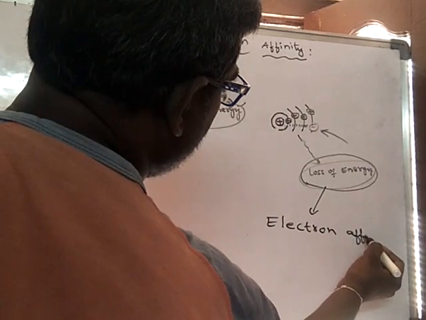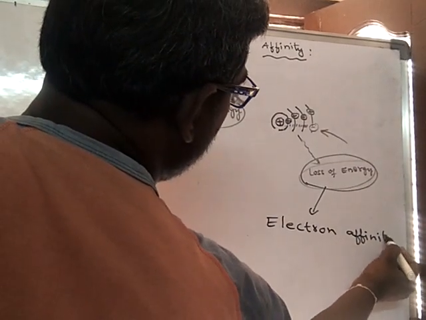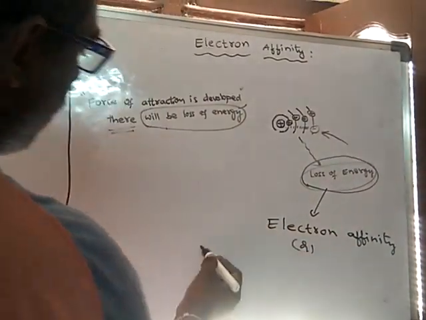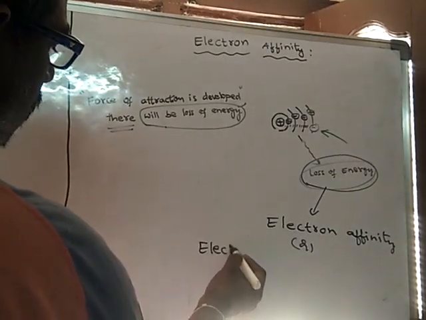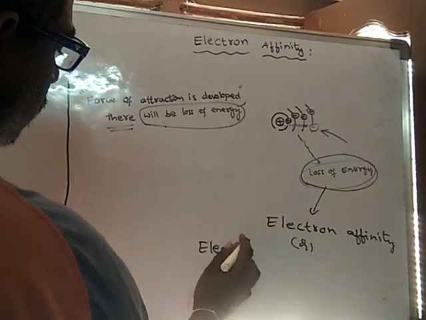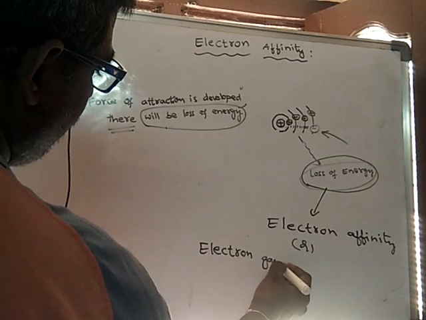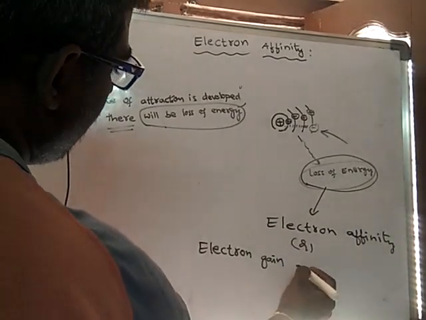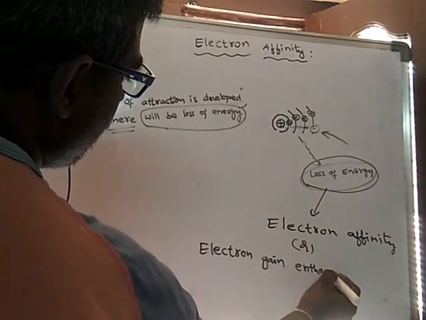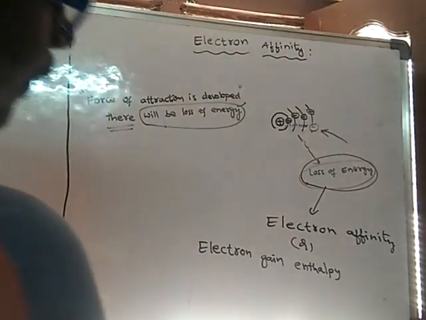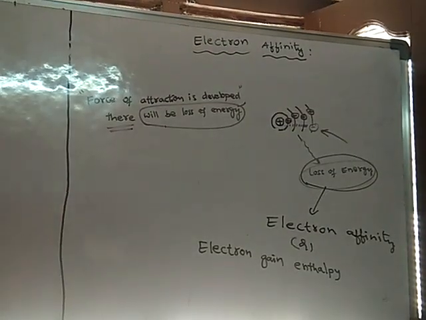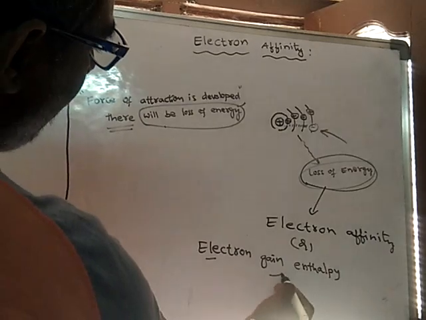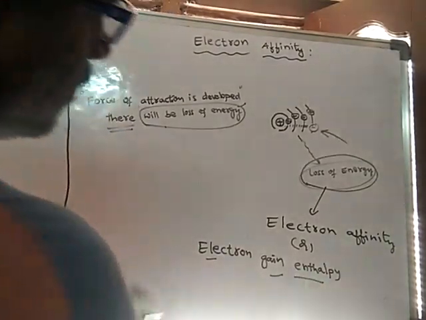Electron affinity, or else we can call it electron gain enthalpy. Enthalpy means energy change. When an electron is gained by an atom, there is a change in energy.